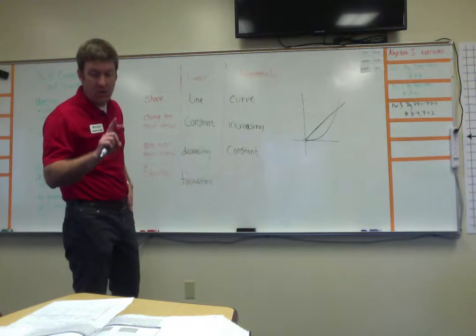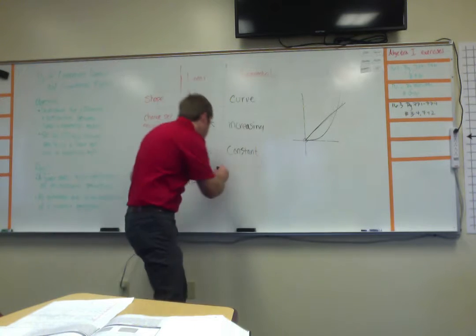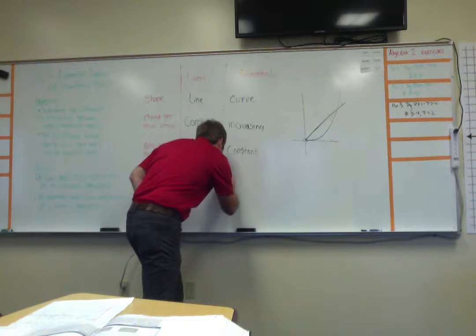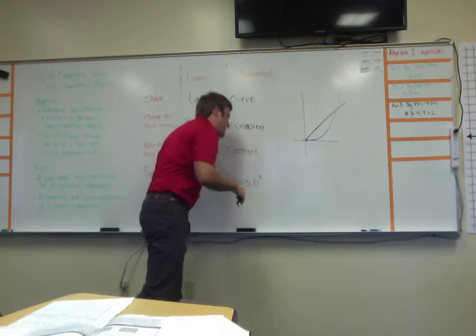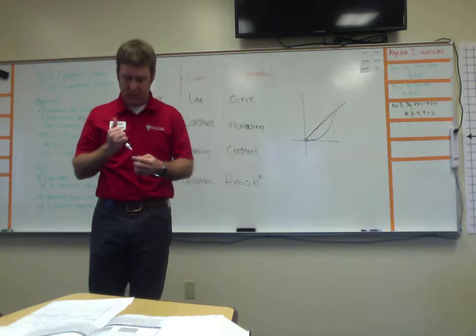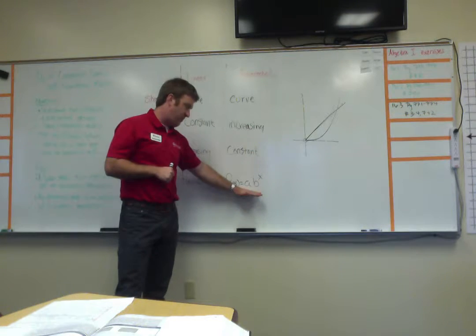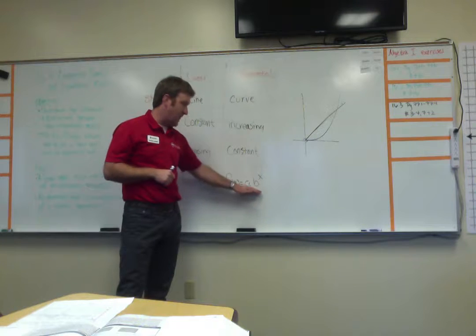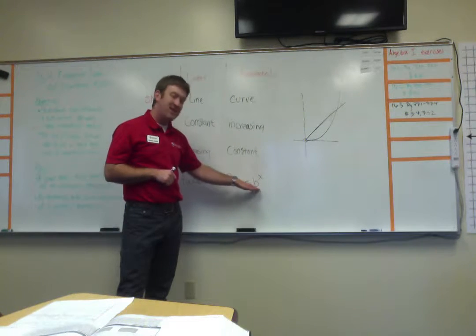And the equation for an exponential function is f of x equals a times b to the x. And again, we've seen a couple of variations on this depending on what kind of model we're dealing with. But the core form is a times b to the x, where a is our starting value and b is our ratio.